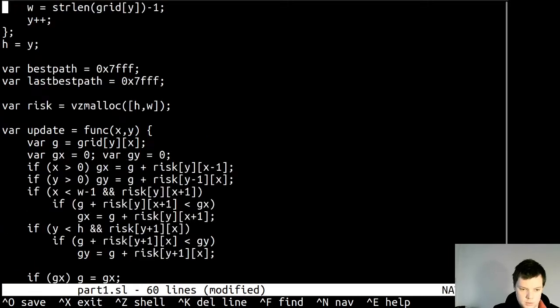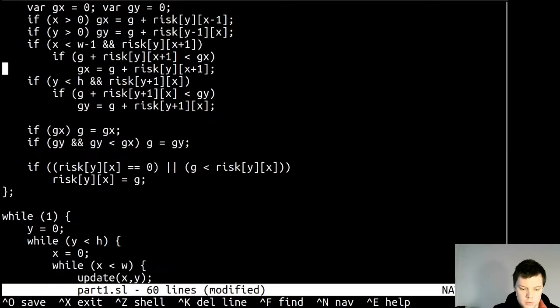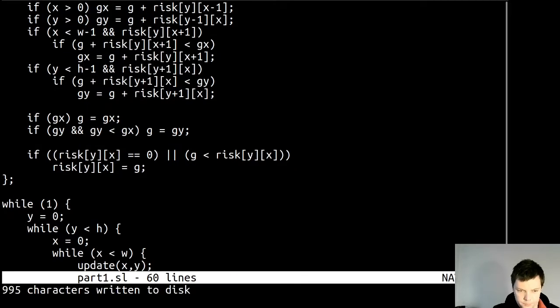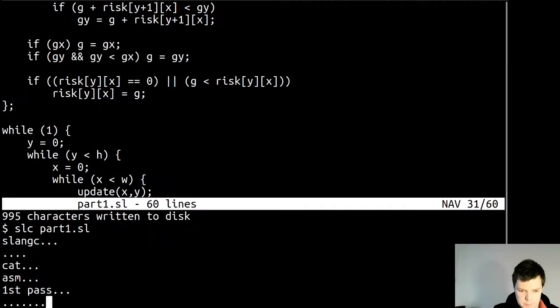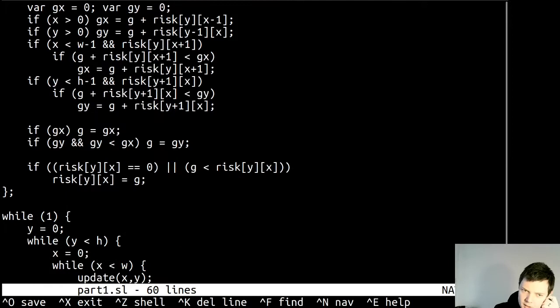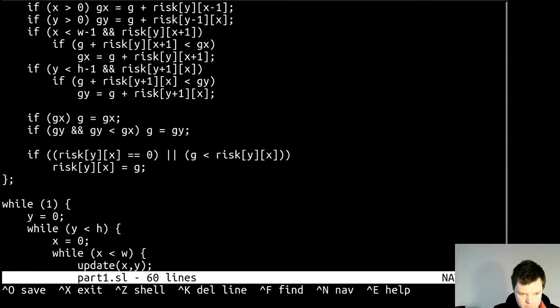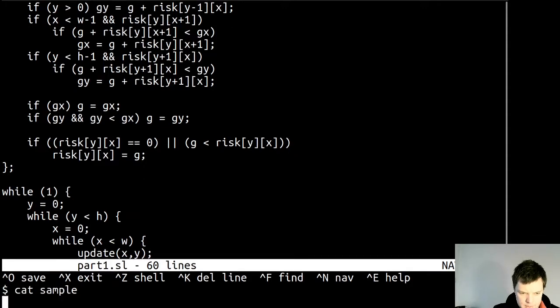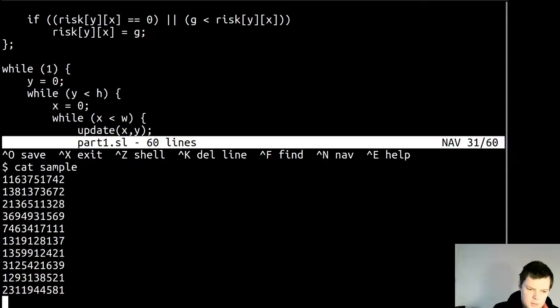What the hell? Yeah, so where does that come from? 518 is bigger than it can possibly be, isn't it? Is that just the sum of every element in the table? I think it might be.